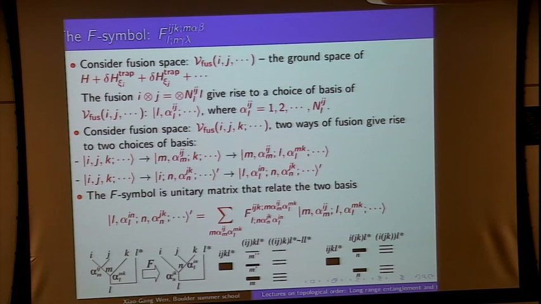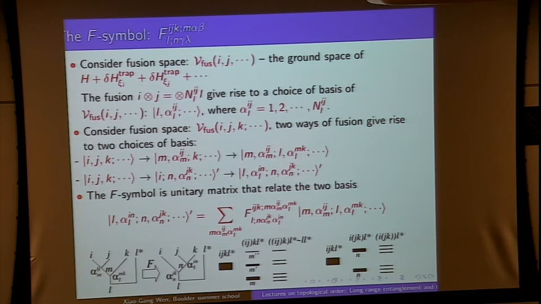Okay. So in the last lecture, we tried to define very carefully what an excitation is. The main point is that we can use the trap to define the excitation.